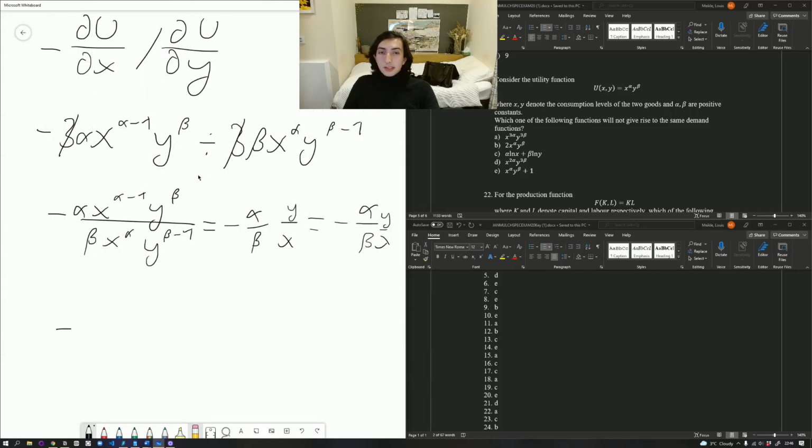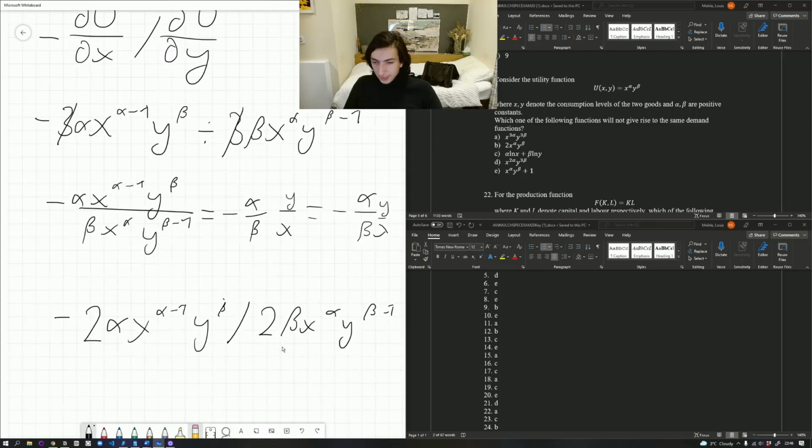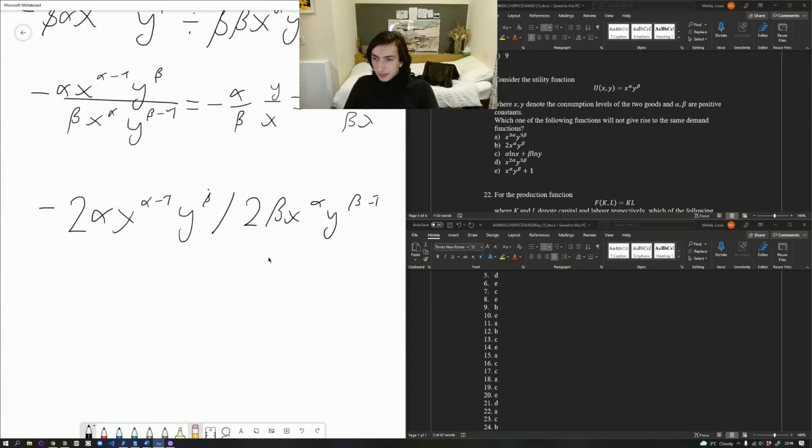So for this, you would get negative 2 alpha x^(2 alpha minus 1) y^(2 beta), over 2 beta x^(2 alpha) y^(2 beta minus 1). What you'd end up doing is cancelling out the 2s, and then you end up with a similar thing up here, and you get the same MRS. So we're saying that it's the same function.